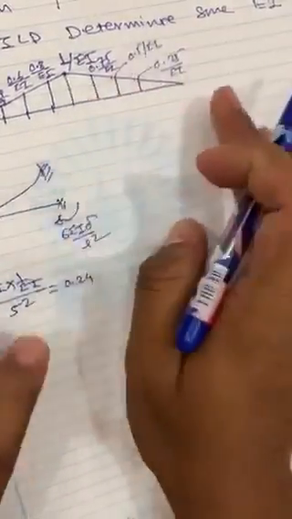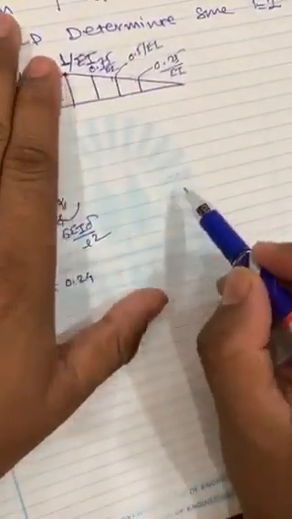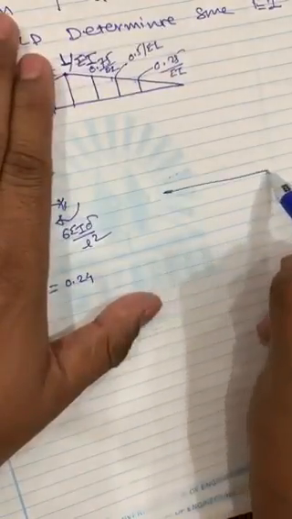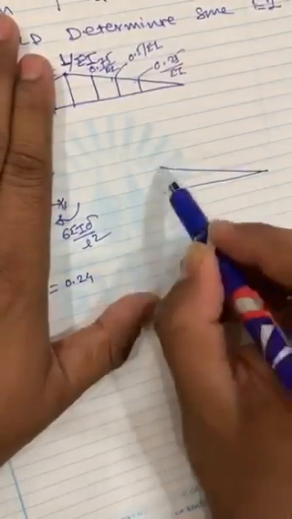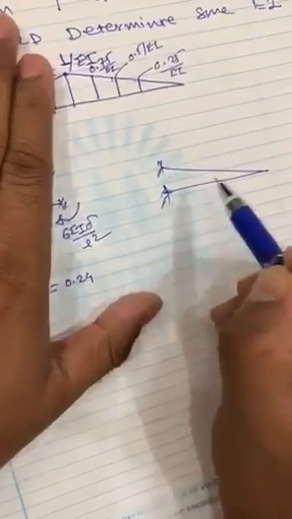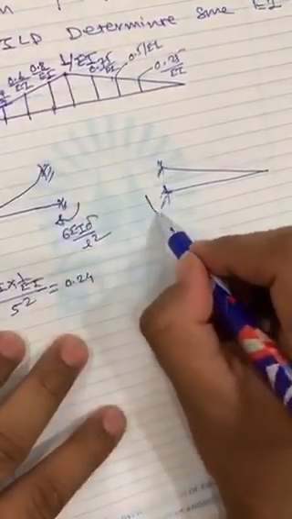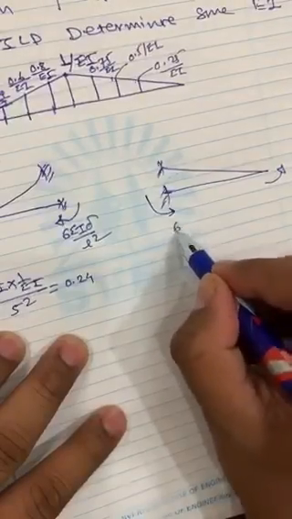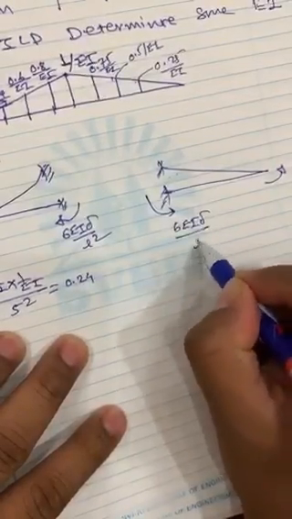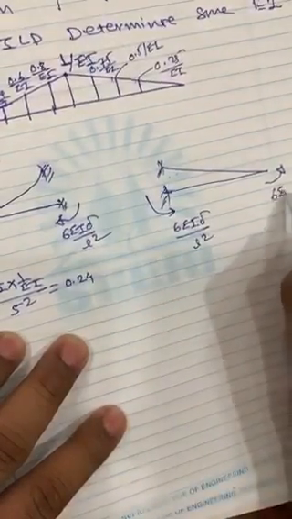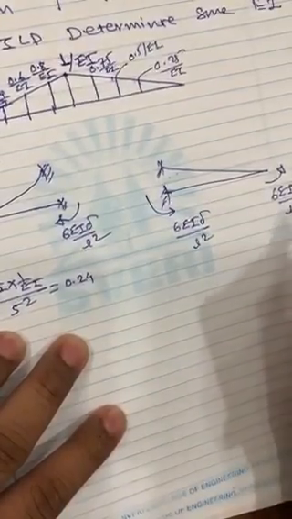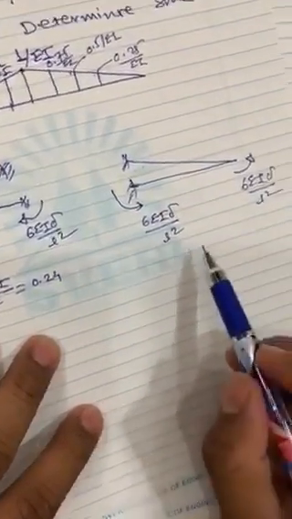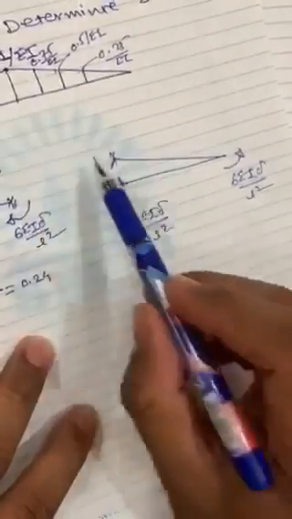Whereas in the case of the BC span, what is the situation? In the BC span the displacement happens this way, and that's why the moment generated will be anti-clockwise, and it's the same 6 EI delta by L square. Please understand the delta is 1 by EI, and the span in this case will be 4 meters.